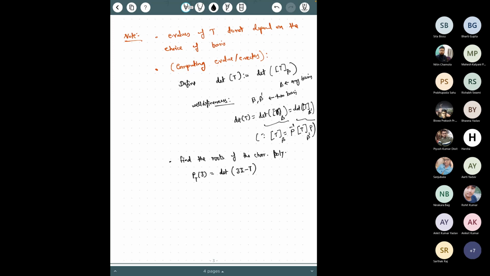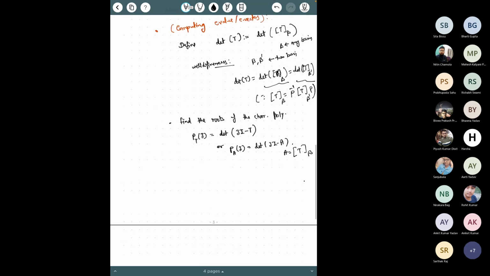Or you can find the roots of the characteristic polynomial P subscript A of Z, which is the determinant of ZI minus A, where A is the matrix of T with respect to any basis. The same thing you can do.